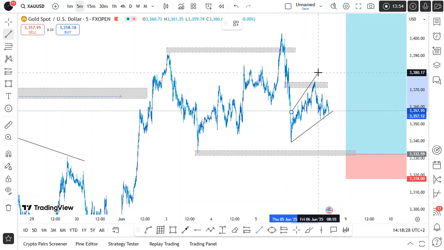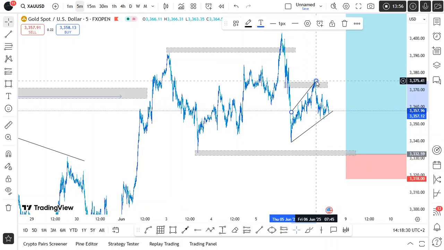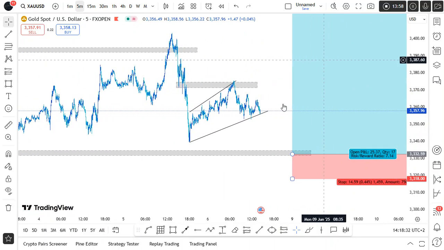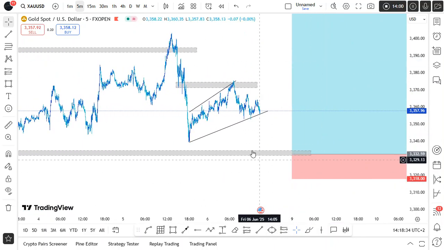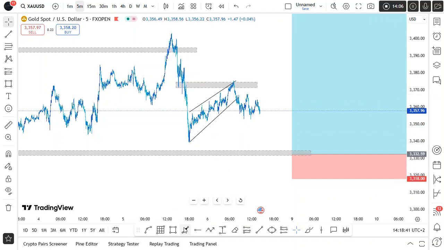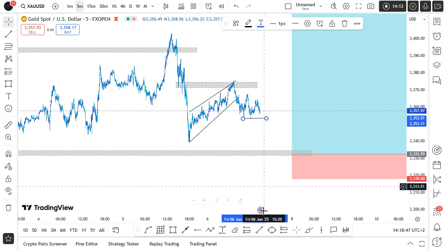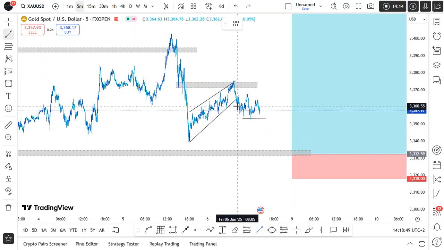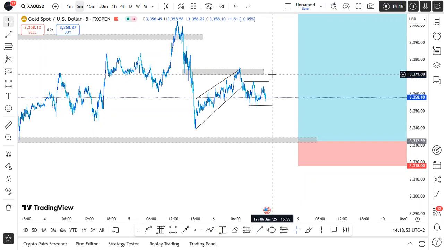Then we have this pattern, and once price breaks out, others can have it like this. Then you can just have this, as this is still a continuation pattern. It's still valid, and we have something like this.